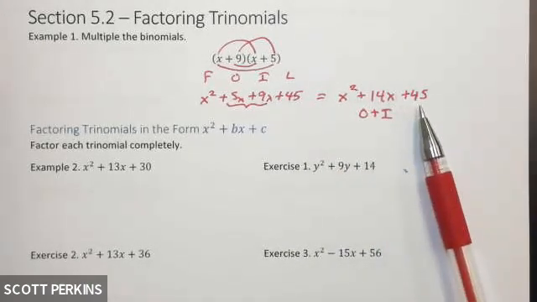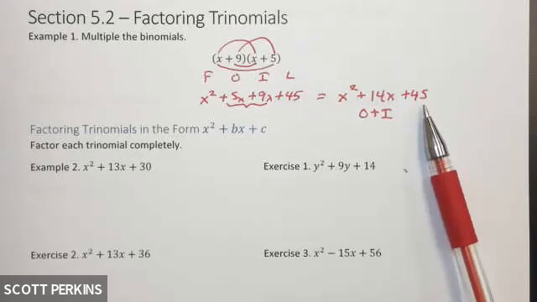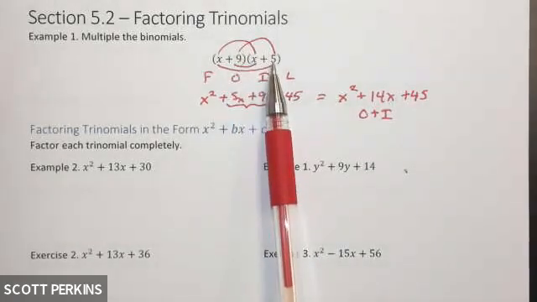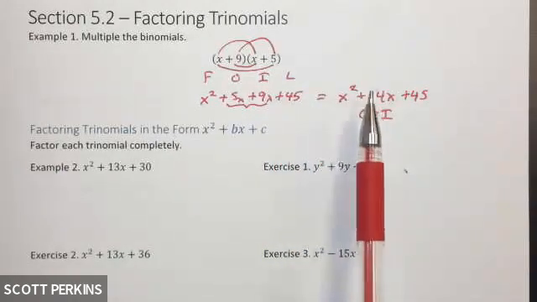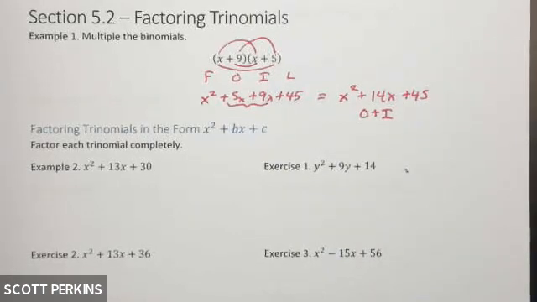The factoring process is all about your lasts. We are going to look for two factors of the lasts that add up to this middle. In this case, 9 times 5 gave me 45, and then 9 plus 5 gave me the 14. Okay, so that's what we're going to do. And I'm going to add in a few other details as we go along the way.